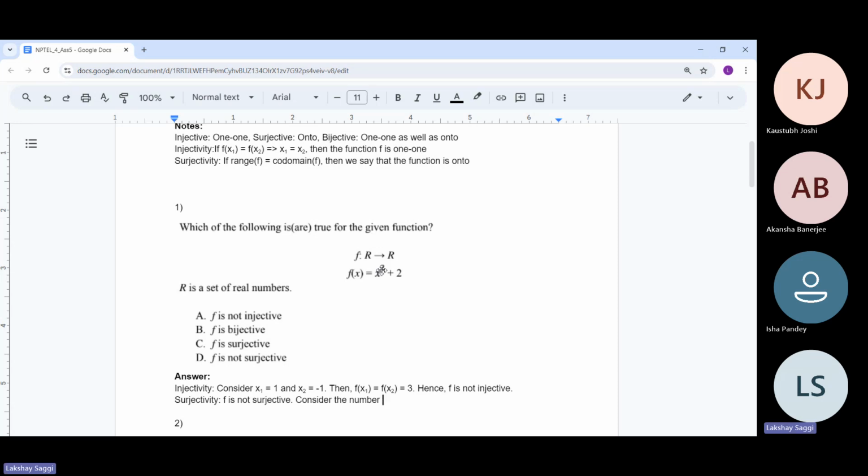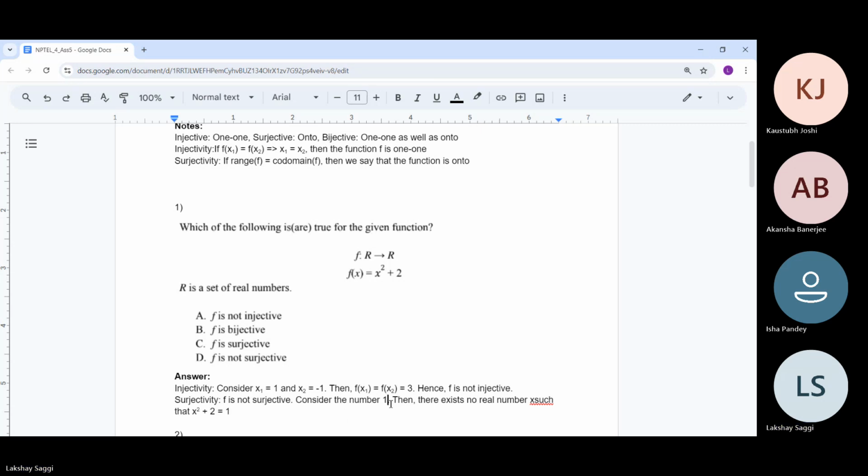So let's just consider the number 1. If we think of the number 1, then there exists no real number x such that x square plus 2 equals 1.